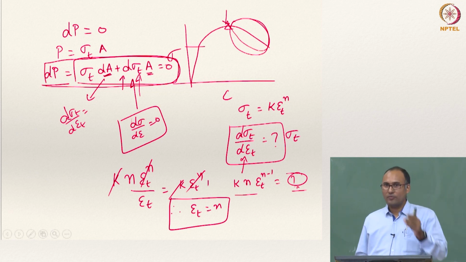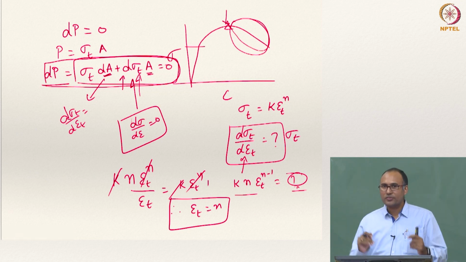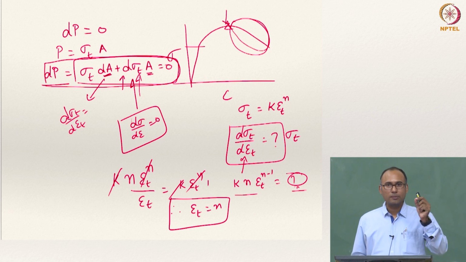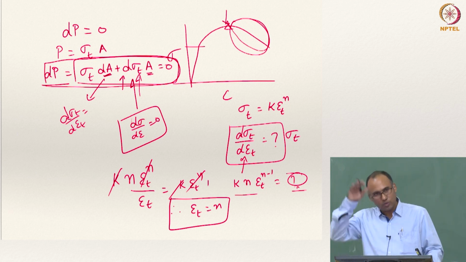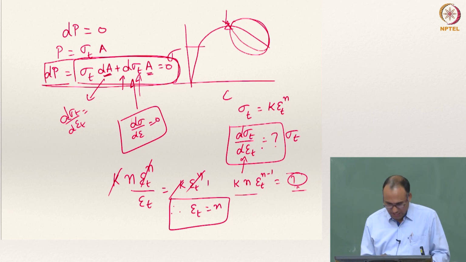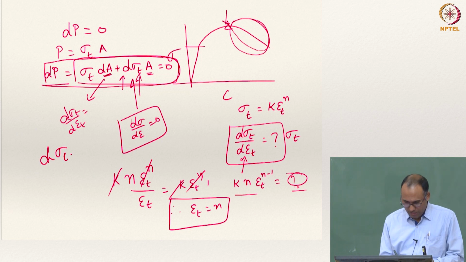So when you are writing from the perspective of true quantities, necking begins when the rate of change of stress in true quantities becomes equal to true stress. That is the key: d sigma T over d epsilon T becomes equal to sigma T.